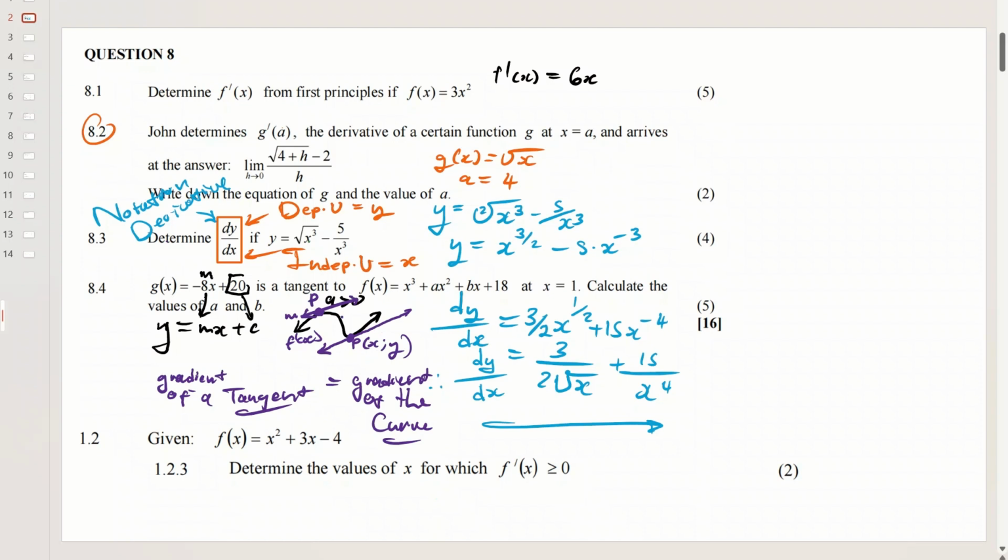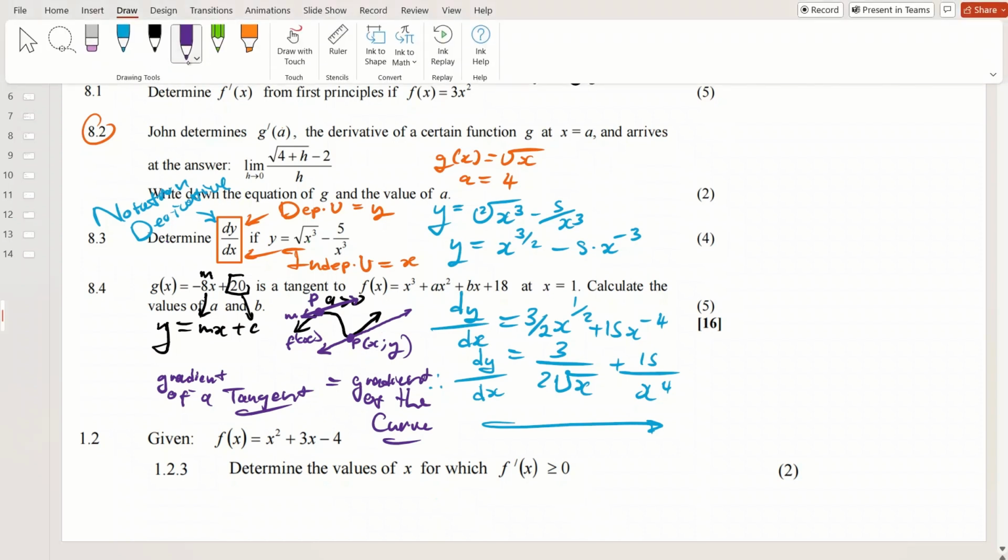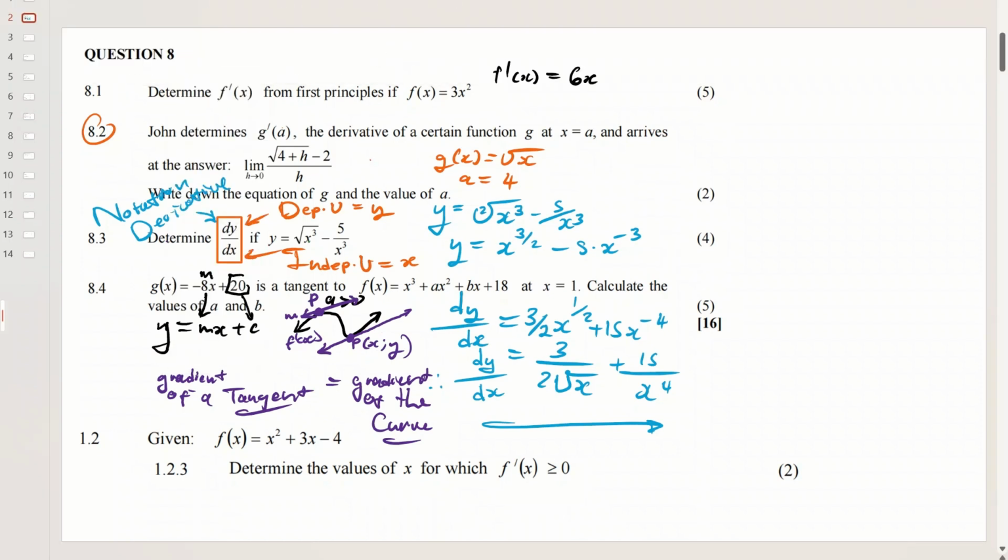Understand? So how do we solve this? That's very simple, guys. Let me show you how. Remember, you have to find the gradient of the curve. You have the gradient of a tangent, which is negative b. So you're going to take your first derivative from your original function f of x.